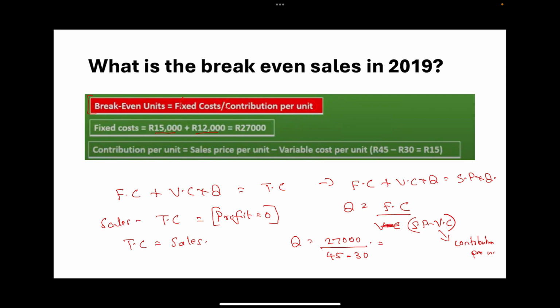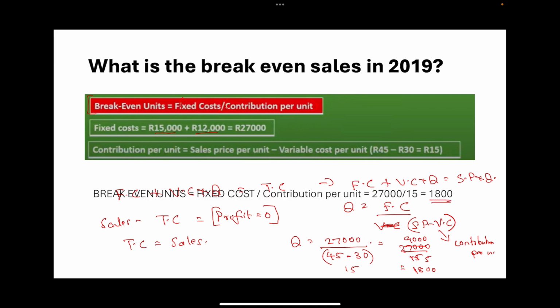So the contribution margin is 15, right? So it is 27,000 by 15, which is equal to 1,800. So this will be your break-even quantity. Okay, this is how you find the break-even level.